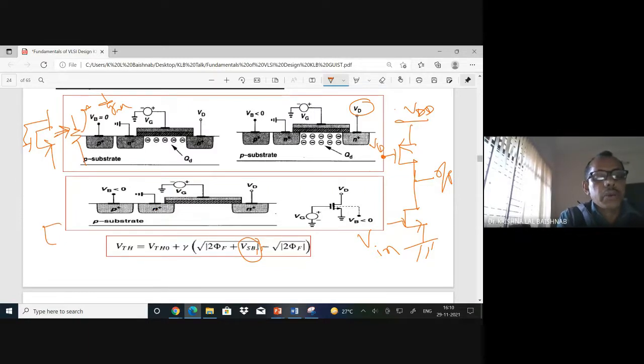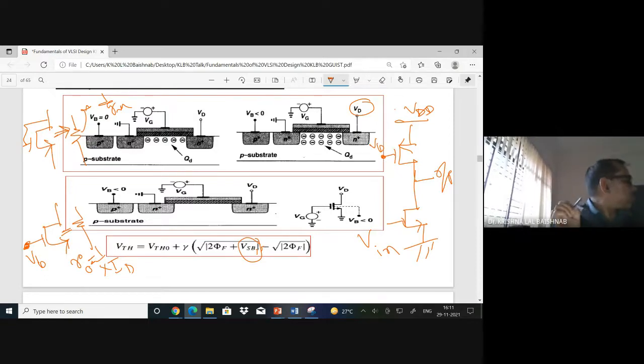But if I take a MOS like that, and I give some biasing voltage over here, with the MOS in saturation, then this is also a resistance, but a high resistance, R0. So R0 equal to 1 by lambda ID. So please remember these two terms, very important for us, that a MOS is a resistance.